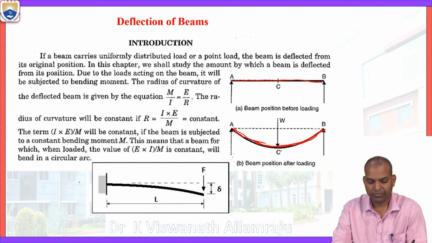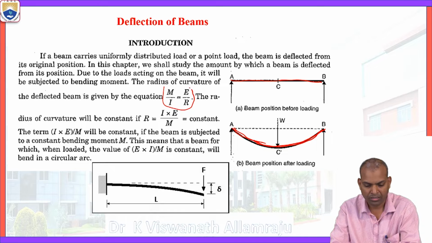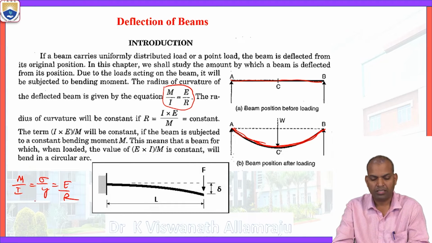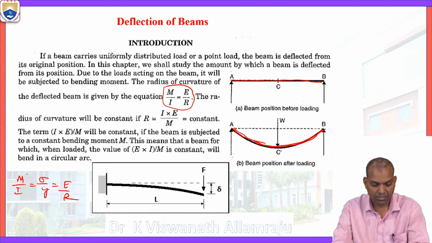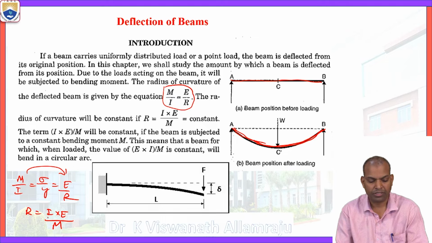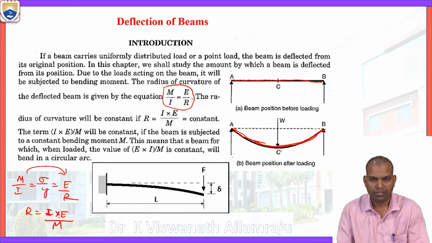We have studied the radius of curvature from the theory of pure bending, that is M over I equals E by R equals sigma by Y. Where R is the radius of curvature, from this relation, R equals I times E by M. Here I is the second moment of area or moment of inertia of the beam section, E is the modulus of elasticity, and M is the moment of resistance.